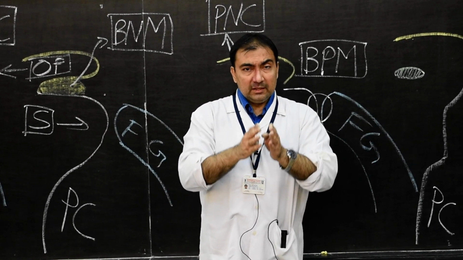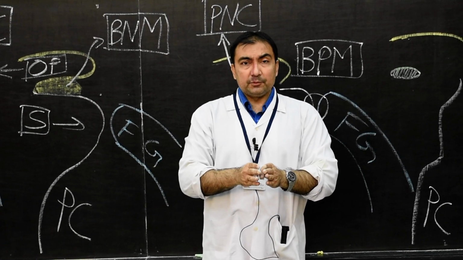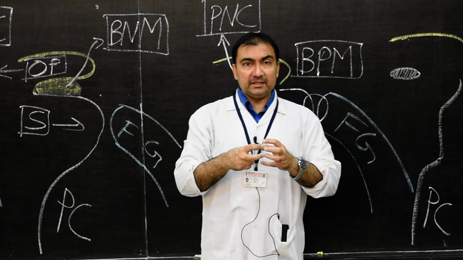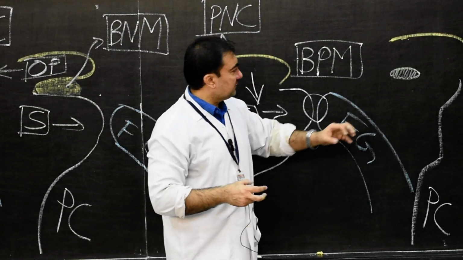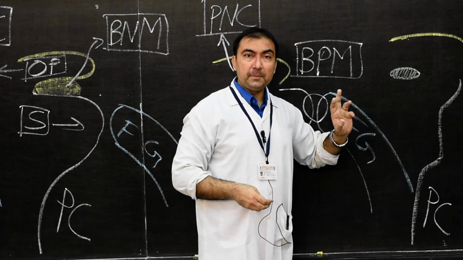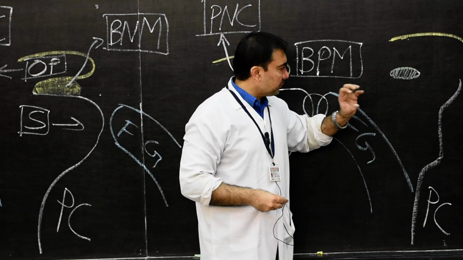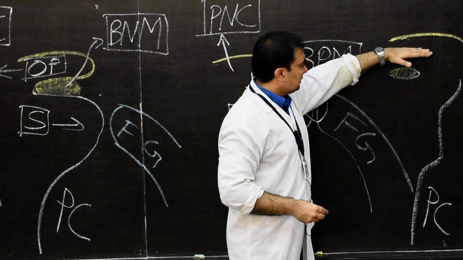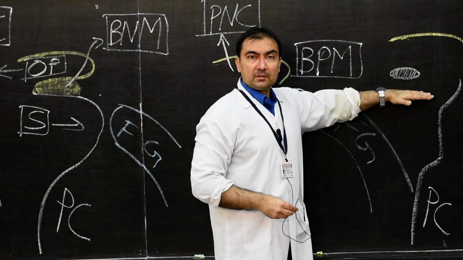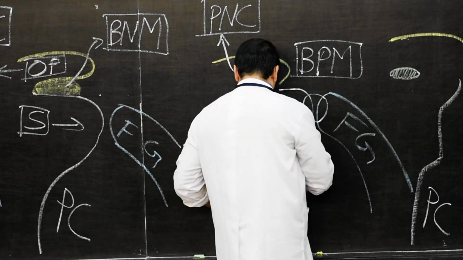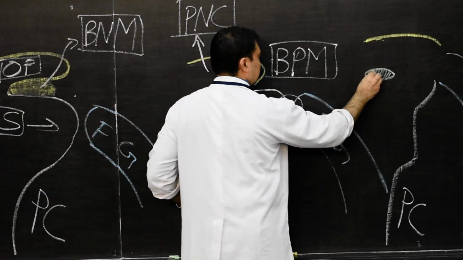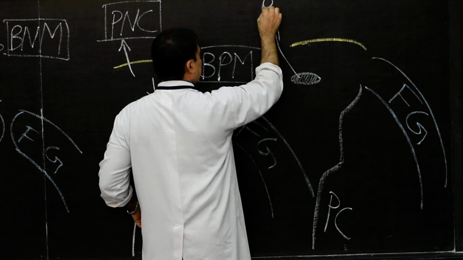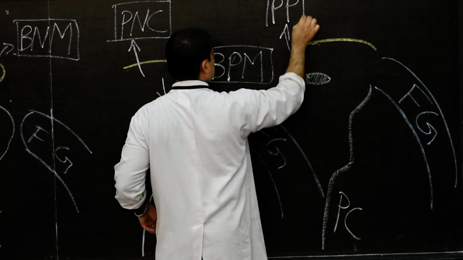So the lower end of the median nasal process, two globular swellings, fuse with each other and develop into the primitive palate. The primitive palate is only a small anterior portion of the partition between the nasal cavity and oral cavity. So here we need to mention this structure as primitive palate.